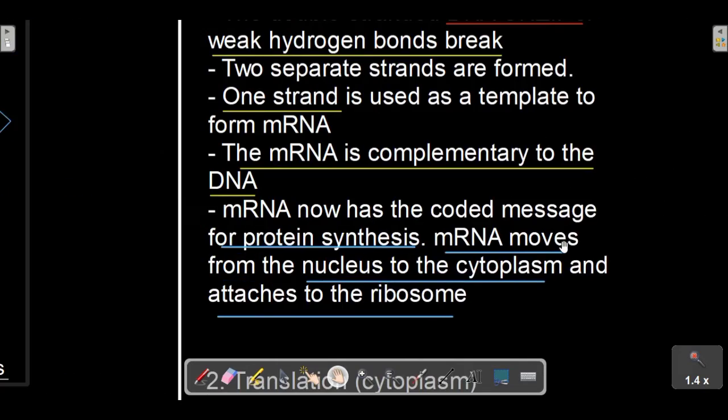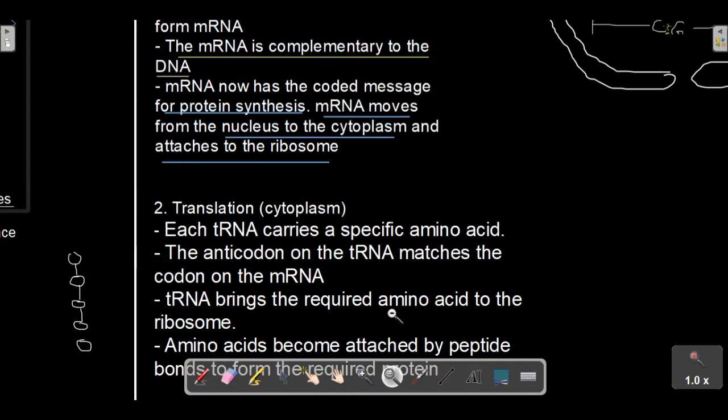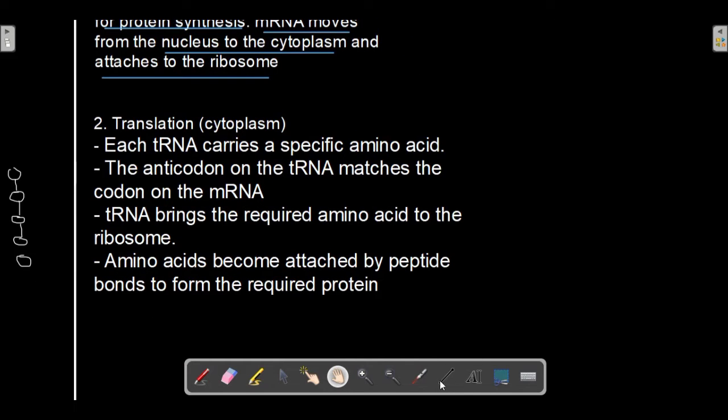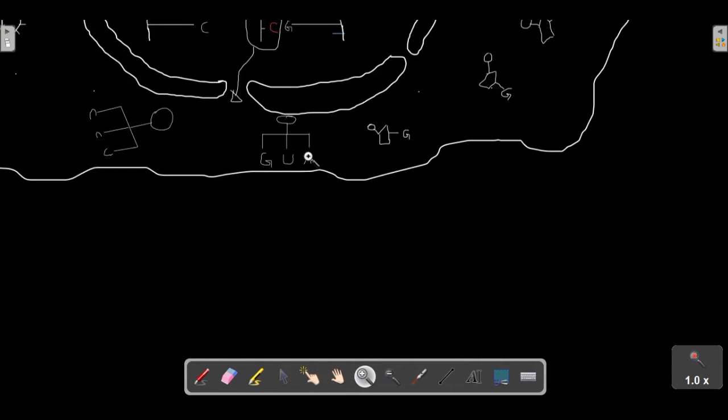Now, what is happening on the second stage, which is the translation, actually happens in the cytoplasm, right? So the first step is that each tRNA carries a specific amino acid. There is your tRNA in the cytoplasm. There we go.